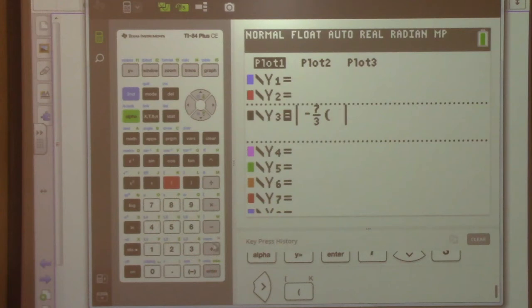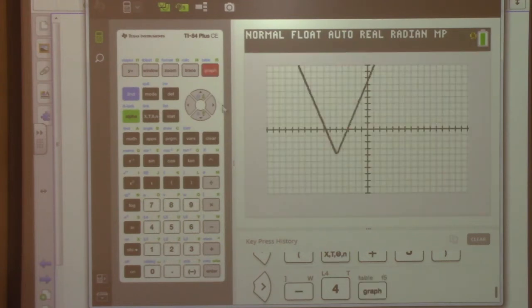X plus 5. And then put over here -4, is that right? And see what happens. Yeah, that's exactly what we thought would happen, right?